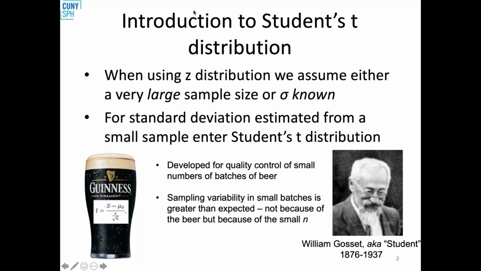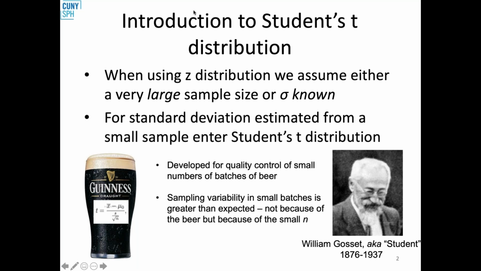He worked as a chemist for them, as a biologist and a chemist. And he was responsible for testing the batches of beer, quality control, making sure everything was exactly the same.